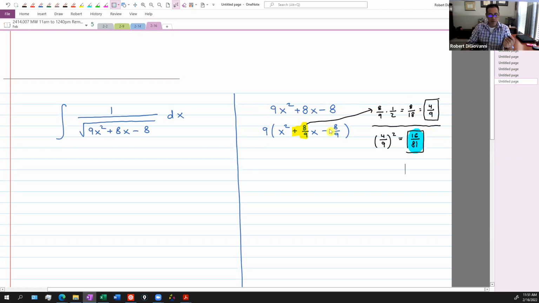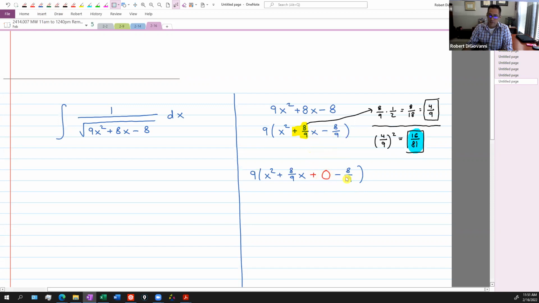So what we have to do is something really weird. And that is we take this expression, and right after the x term, I'm going to add nothing. Okay, so I'm going to realize that right after this 8/9 x, there is a +0 and then the -8/9.